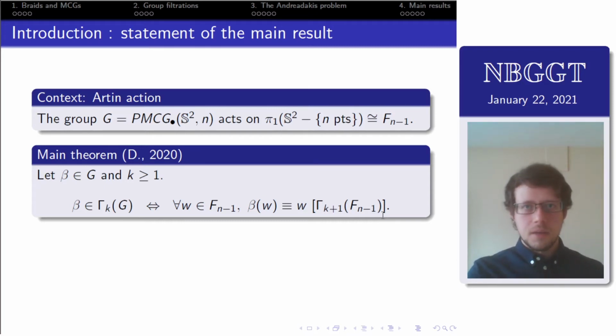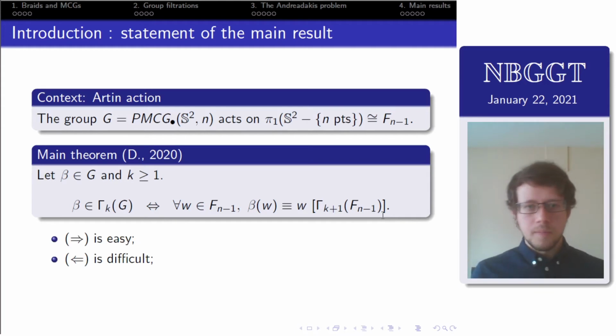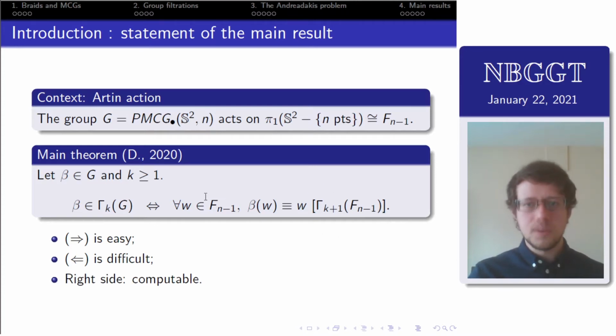So let me comment a bit about this. Going from left to right is easy, that's general theory. The difficult part is going from right to left, and it's also the most interesting part, because on the right you have a computable condition. Why is that computable?